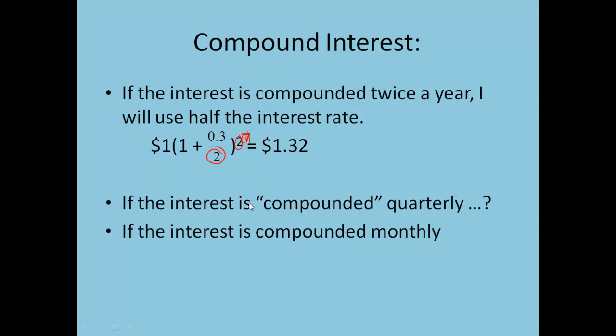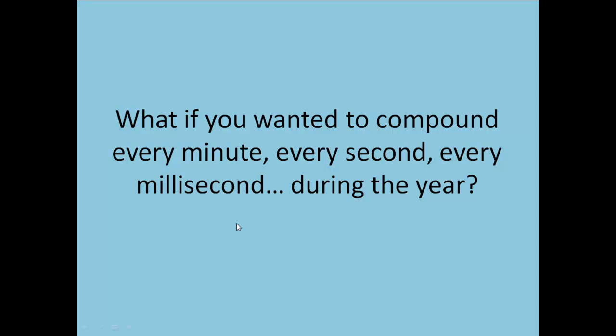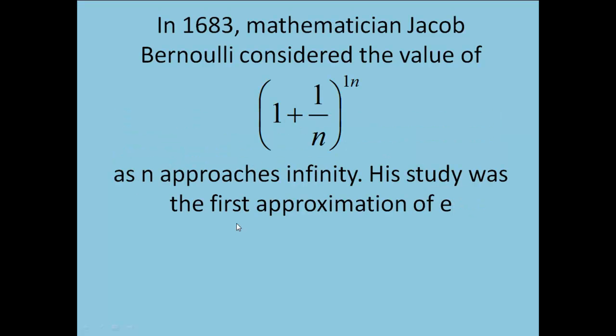Well, now, what if you wanted to compound it every minute, every second, every millisecond of every day during the year? In 1683, the mathematician Jacob Bernoulli considered the value of this, our growth rate, basically.